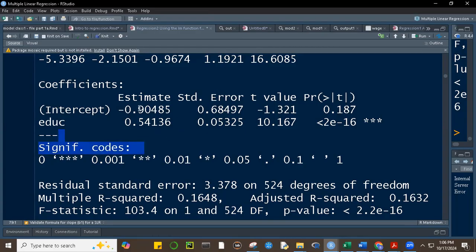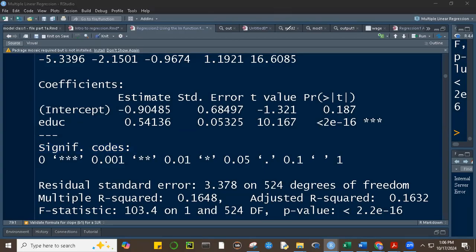Just taking a look at the model, we know that the suggested model is that your wage, I'll just write it as W, should be equal to the intercept, this one, negative 0.9904, make it 905, okay, plus 0.54 times education.